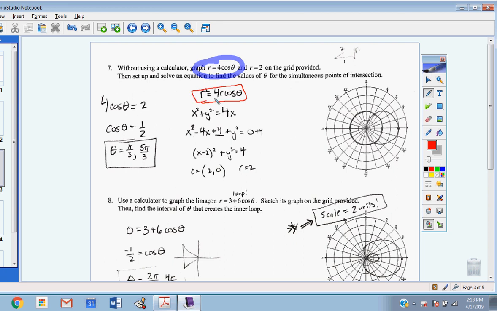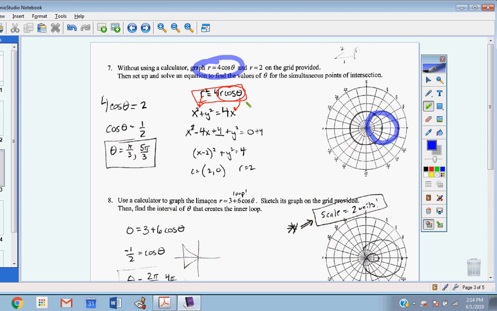So if we did that and got here and then replaced r cosine theta with x, you can complete the square and you can see that it's a circle with a center at (2, 0) and a radius of 2. So that one is right here.